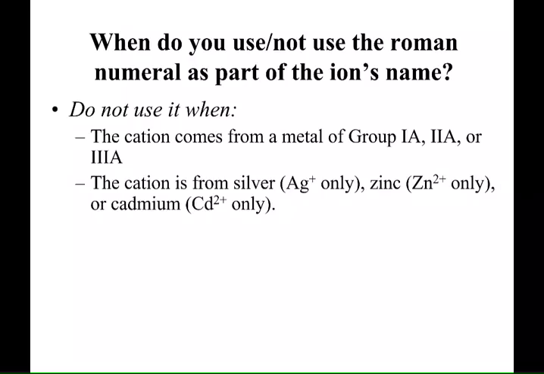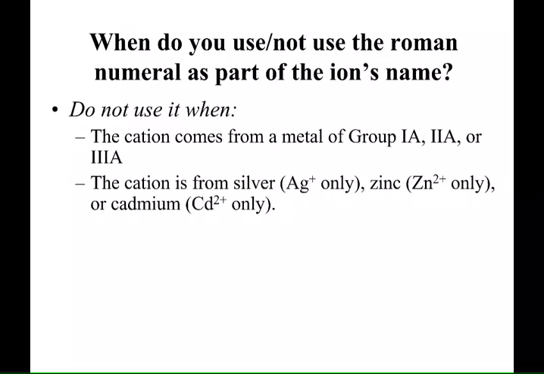How you name them, the metal makes a little bit tricky. So in order to get full credit, you have to use Roman numerals. Remember, I used Roman numerals for iron, that metal, but I didn't use Roman numerals for the metal sodium because that's a 1A metal.